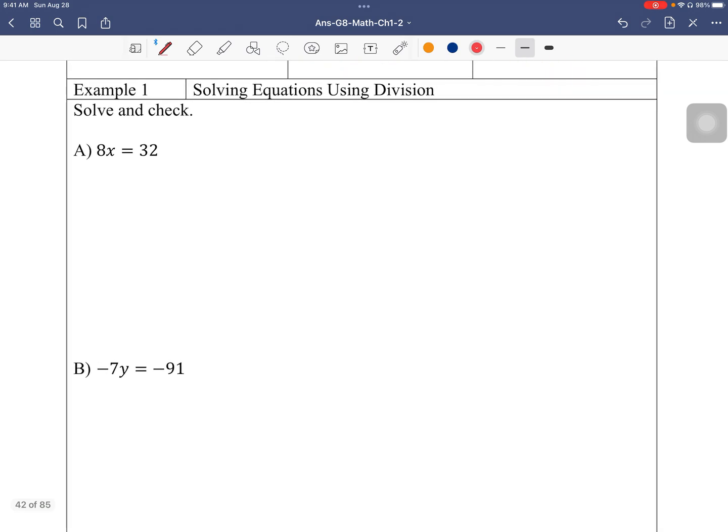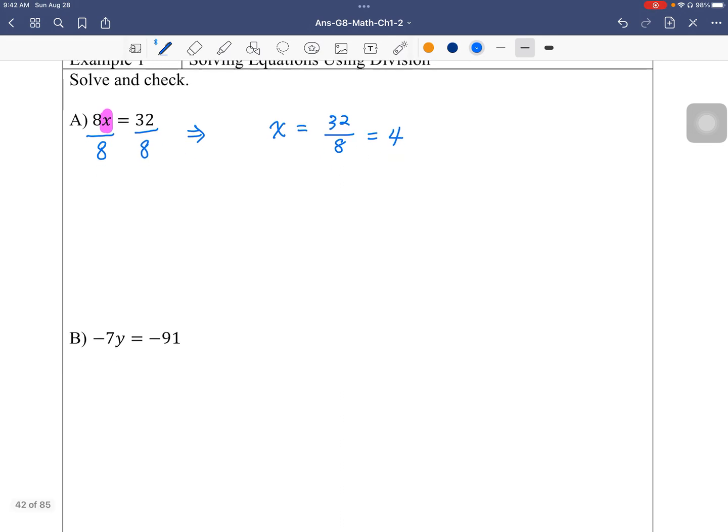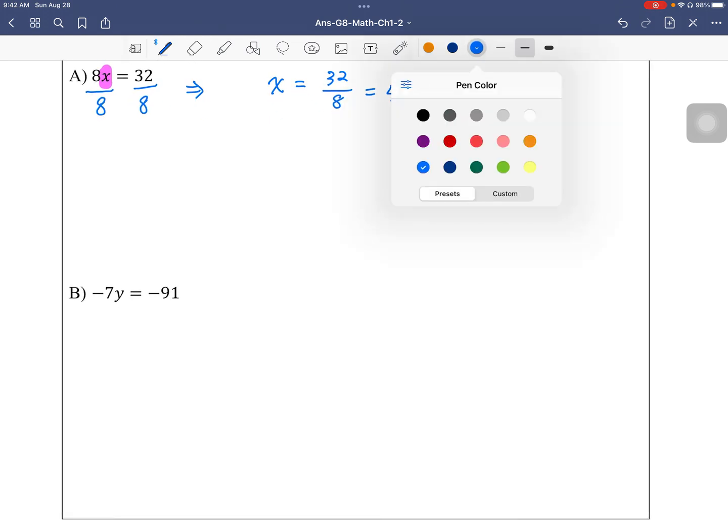In example 1, I want to solve the equation, so I want to isolate the variable. In this case, we divide both sides by a, so x equals 32 divided by a, which is 4. So x equals 4. For question B, negative 7y equals negative 91.